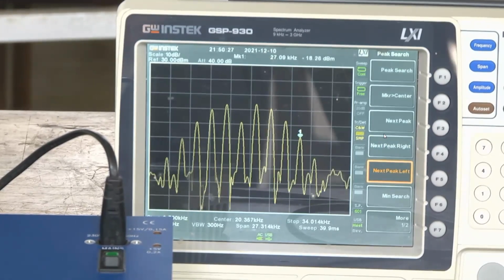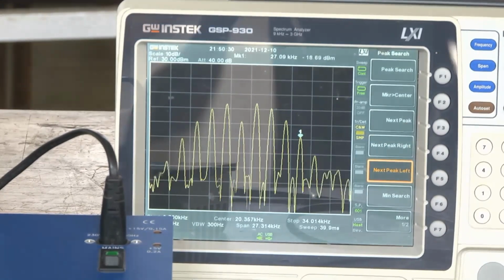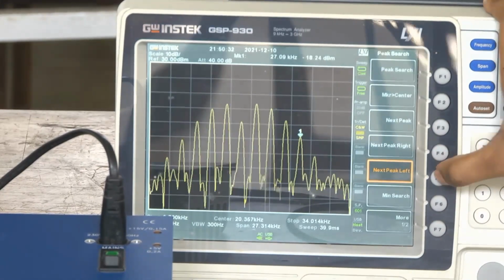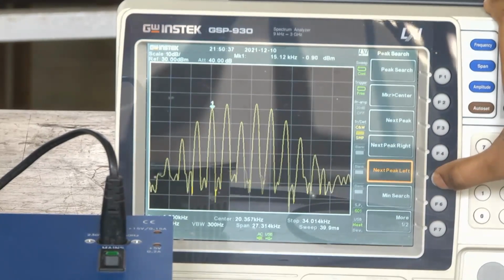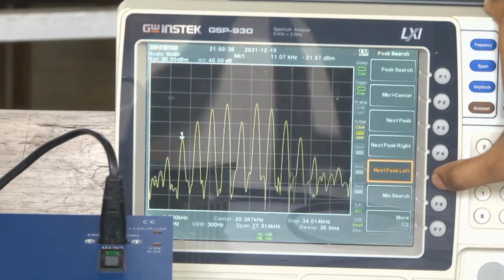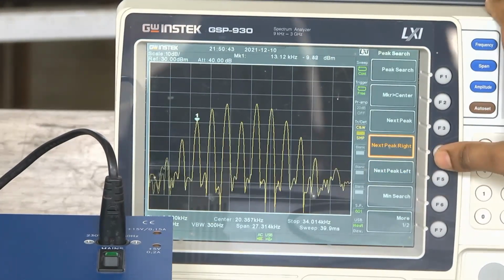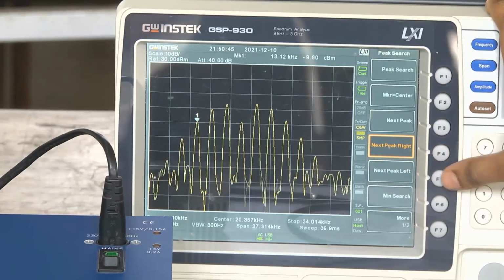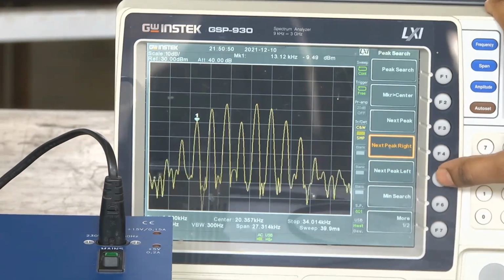So we can consider this as the maximum frequency. Let's see what the minimum frequency value is. This can be considered as the minimum frequency value.